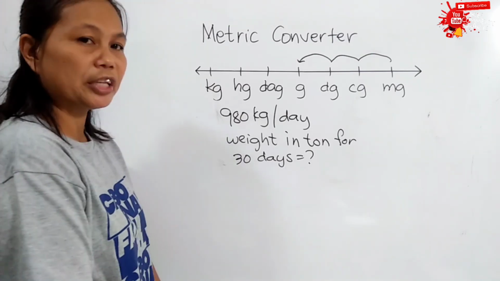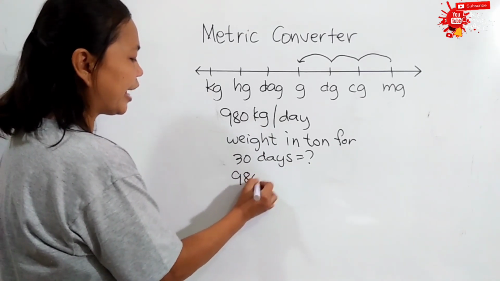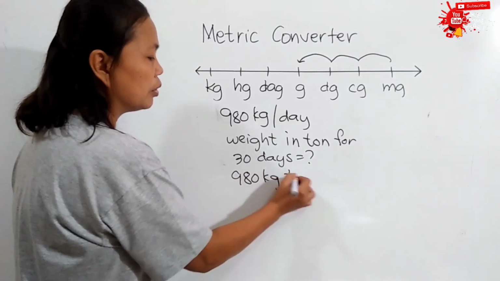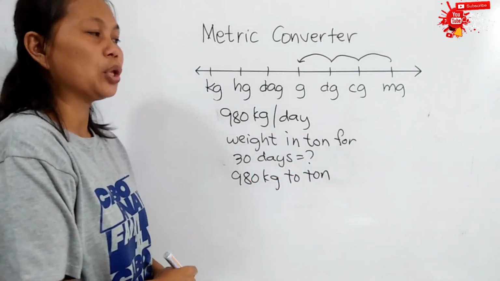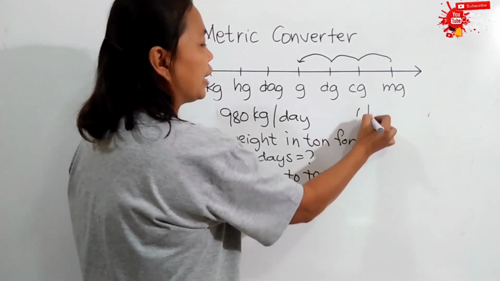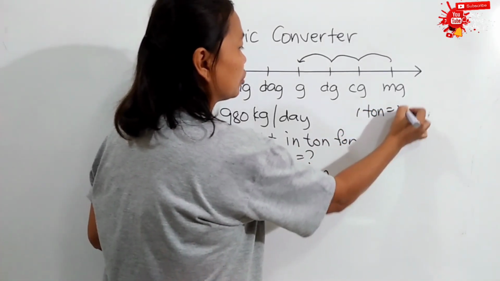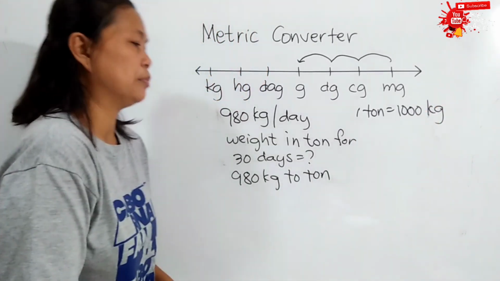So if this will be the problem, we need to convert 980 kilograms to tons. And to convert it, we will use the conversion factor that 1 ton is equal to 1,000 kilograms.